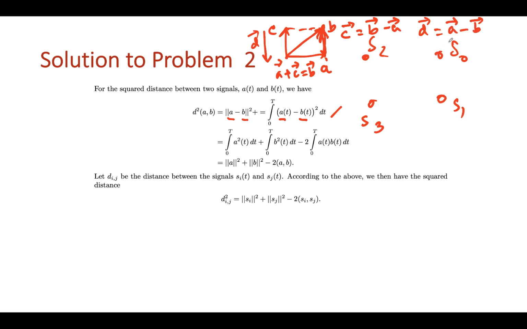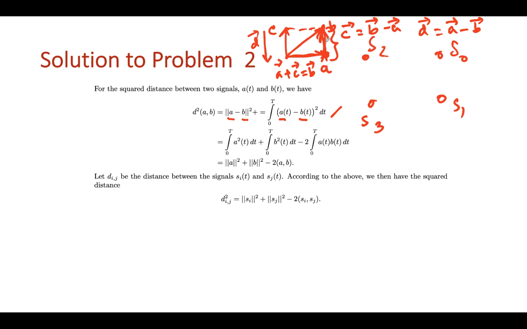Essentially, we are interested in this distance between the two signals A and B. A and B can be denoted as vectors, and the tips of these vectors are the two dots, the two signals. Both representations are valid; we have discussed this before.